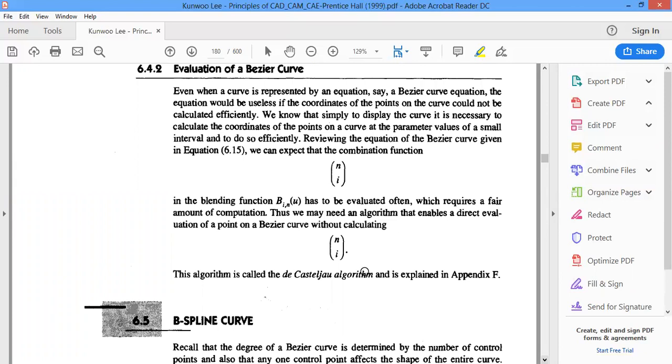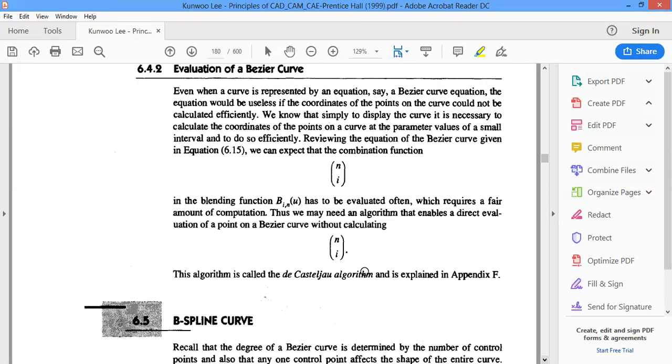Okay, so coming to the evaluation of the Bezier curve, when we represent these curves, the equation is going to be very much important. If these curve points are not calculated efficiently, then the curve is going to go wrong.